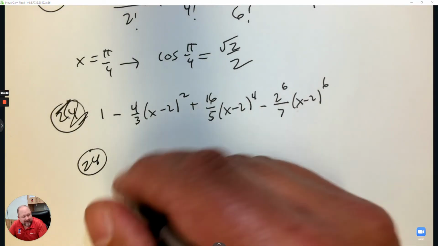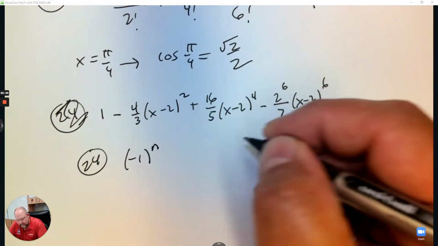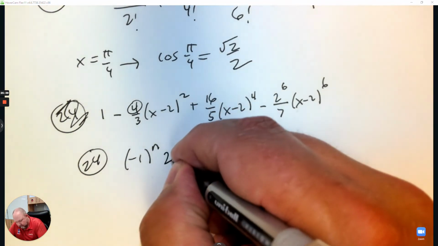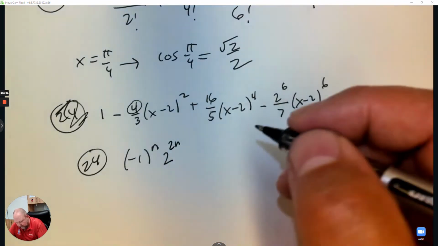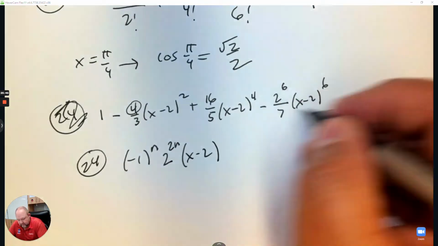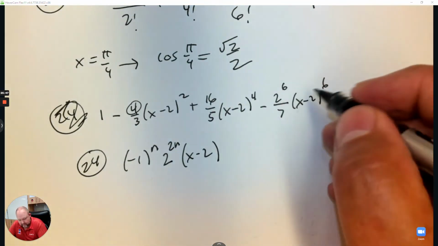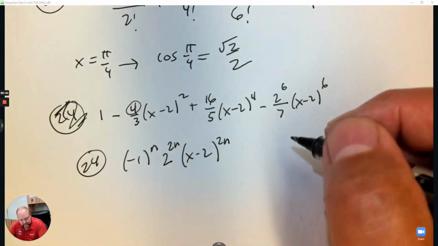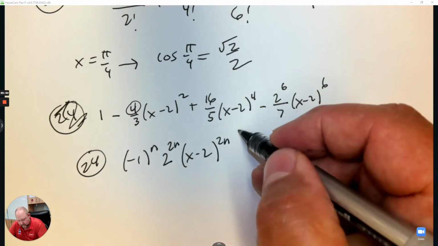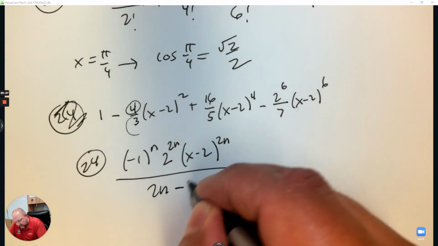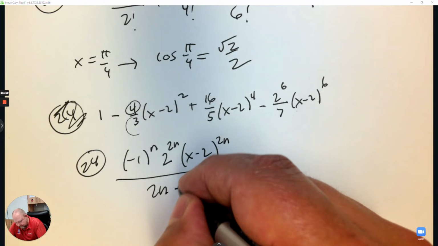All right, so the nth term would be negative 1 to the n. The numerator is 2 to the 2n because it's even. X minus 2, and again, it's even. So this is 2 squared and so on. And then over the odd numbers, which would be 2n minus 1 plus 1.